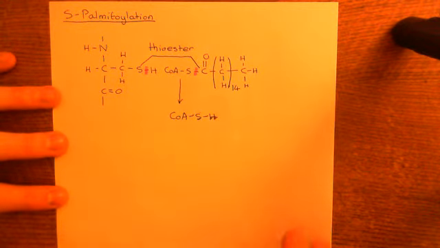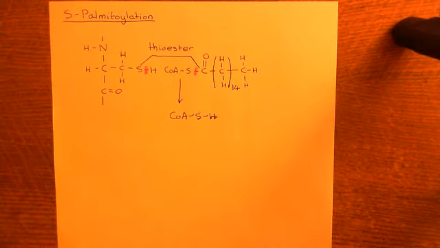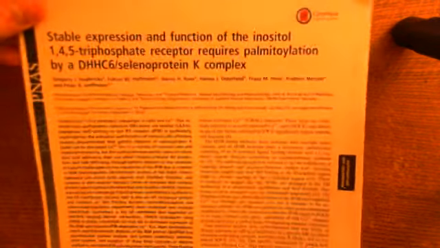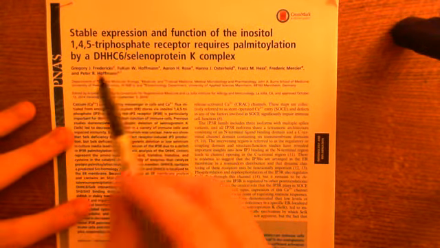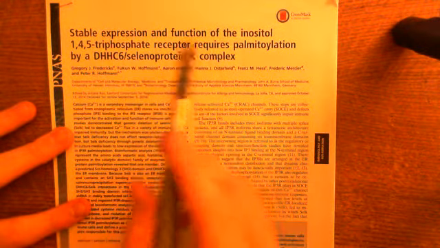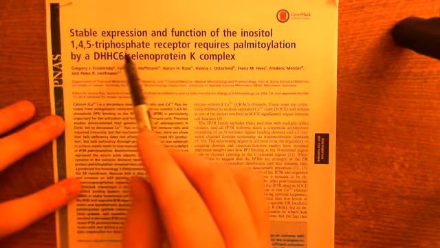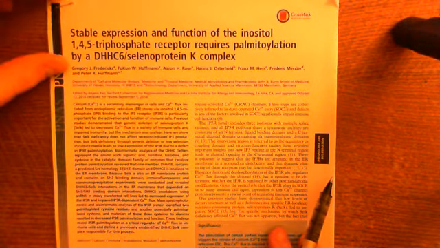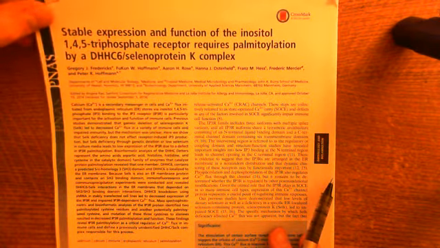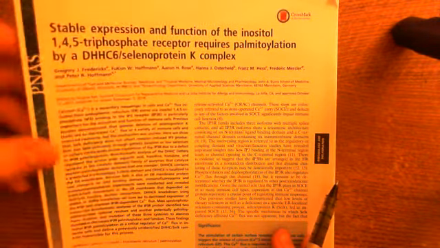Now, the claim, and this claim is made by a paper that was published in October 2014, which I have here. If you want to go and read the paper, it's here. So this is the title that you can Google. Stable expression and function of the inositol 1,4,5-trisphosphate receptor requires palmitoylation by a DHHC6 selenoprotein K complex.